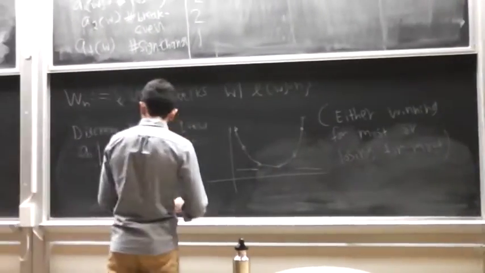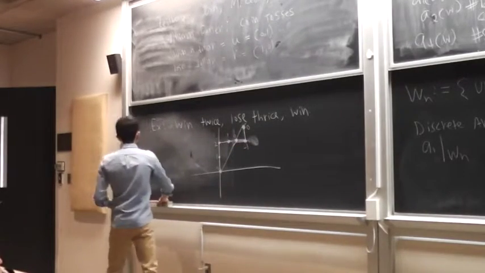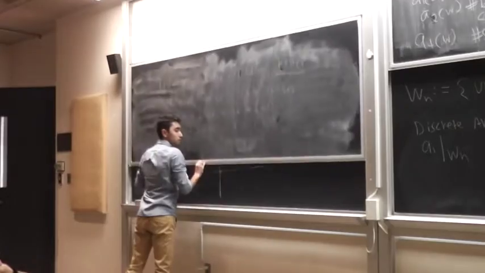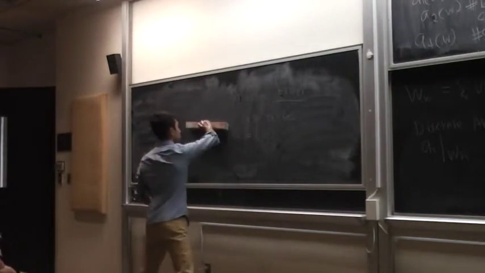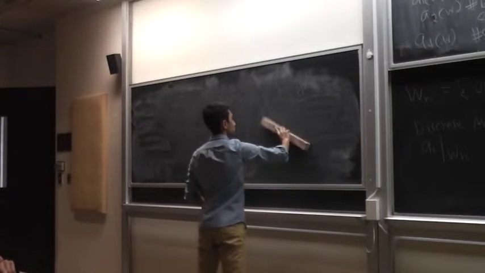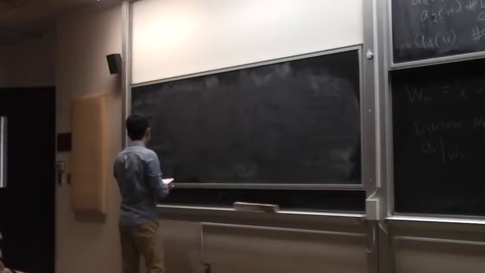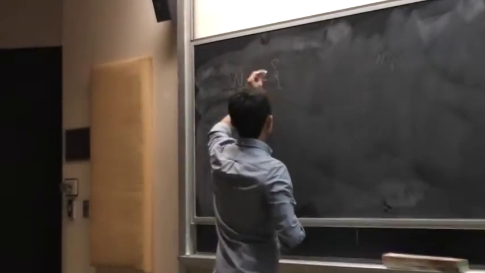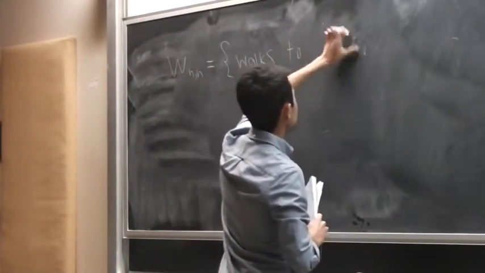So now let's look at walking to the diagonal. That was all walks of length n. Now what if we restrict to walks to the diagonal? I'm going to let W_n,n equal the set of walks to (n,n).